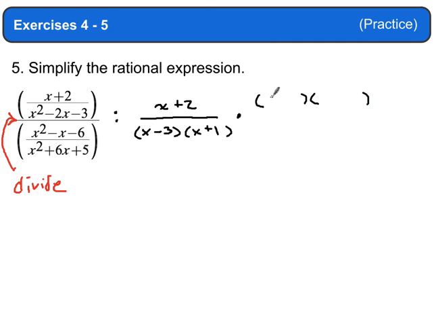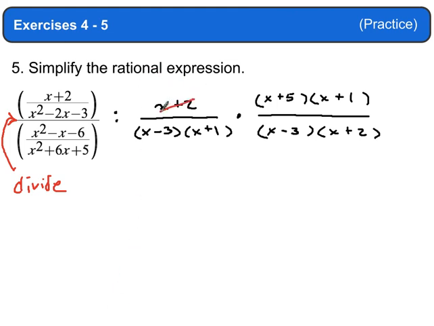And as we're changing to multiplication, we are going to move this one to the numerator. So we put an x and an x. Something that multiplies equal 5. So we have a plus 5 and a plus 1. This one's going to go to the denominator. So we factor this one open with an x and an x. So that becomes a negative 3 and a plus 2. So now that we have that, we're going to see what we can cancel.